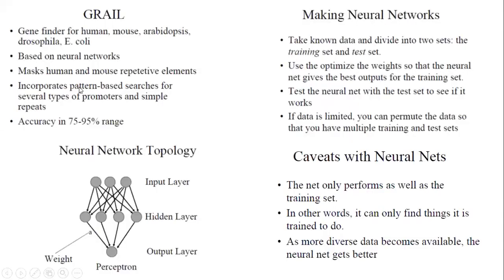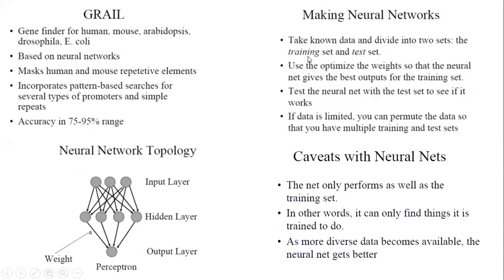How does the algorithm work? GRAIL is a neural network or topology-based algorithm. It's a statistical method, so brush up your statistics. Given the ATGCs, it will have a network of common nucleotides there. It will divide the given set of data into a training set and a test set. The training set will go through multiple rounds of the algorithm for scrutiny.